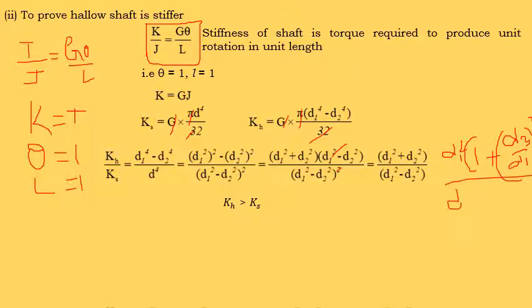Similarly in the denominator also we can take d1² as common, so it becomes 1 minus (d2 by d1) whole square. So the numerator is greater than 1, whereas the denominator is less than 1. Therefore the stiffness of the hollow shaft is greater than the stiffness of the solid shaft.